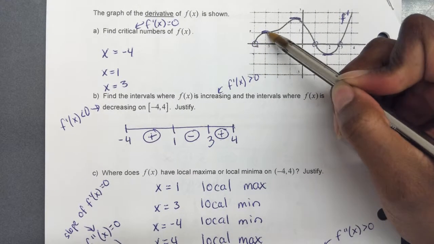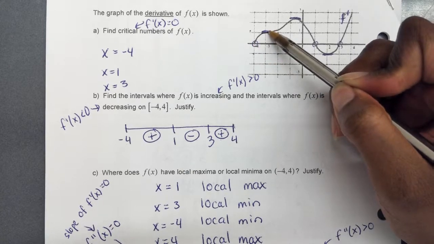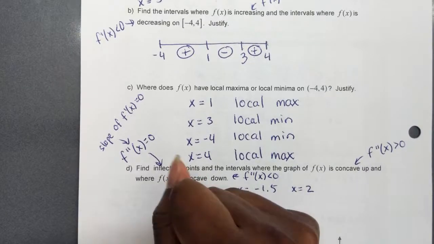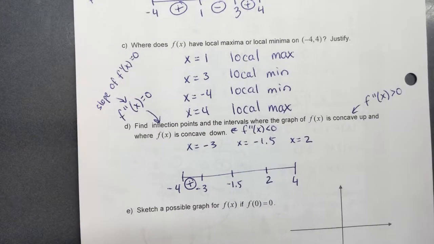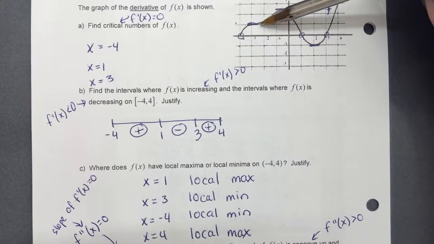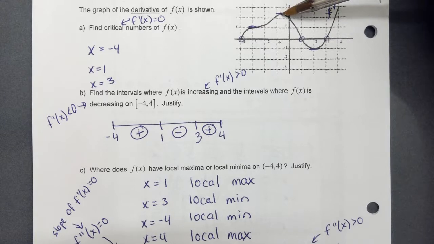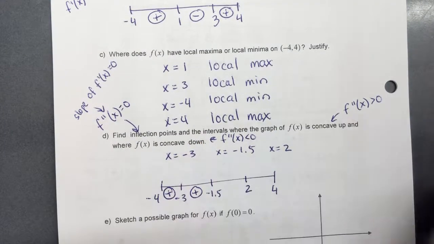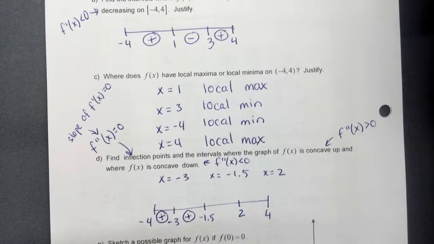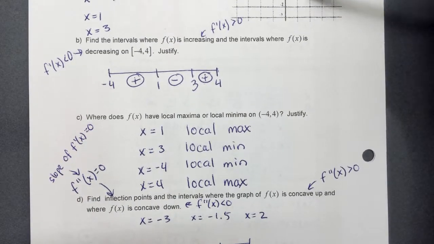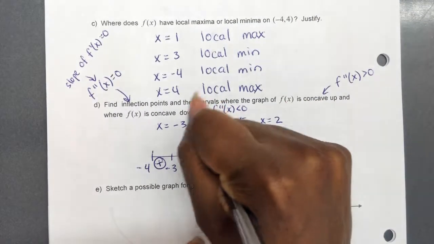So from 0 to -3, my slope is increasing. So my slope is positive. From -3 to -1.5, slope is still increasing, so positive. From -1.5 to 2, we're decreasing, so negative.